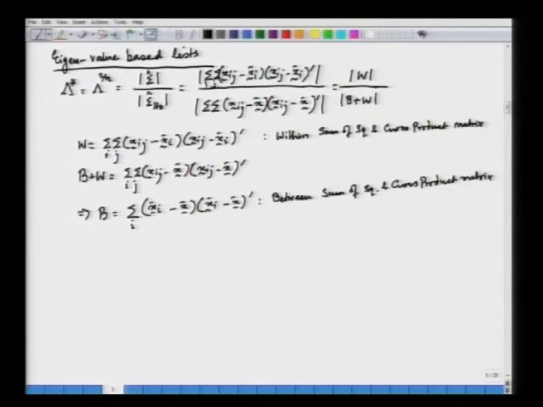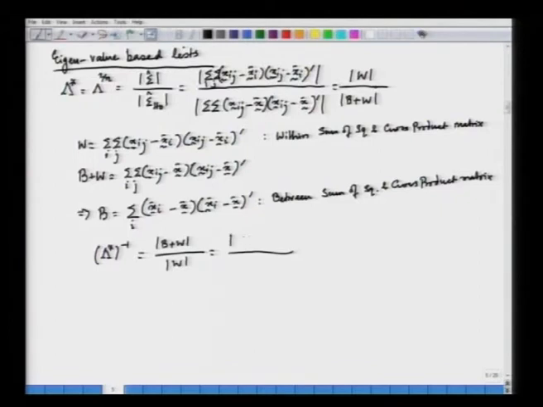right. So, what is then lambda star, the Wilks lambda, the reciprocal of it? Well, it is nothing but determinant of B plus W by determinant of W, and let us do a little bit of manipulation here.